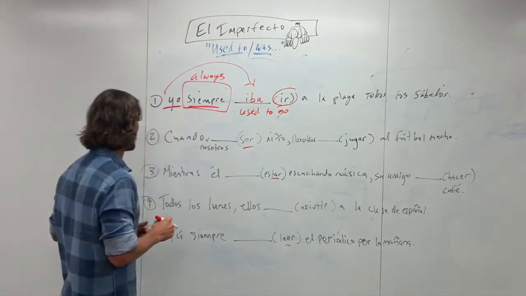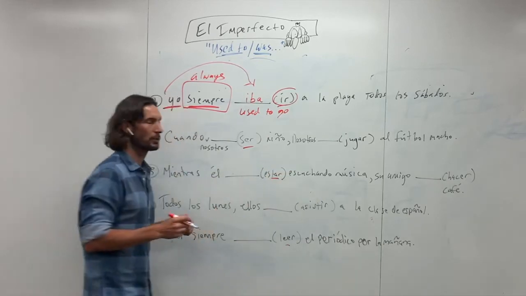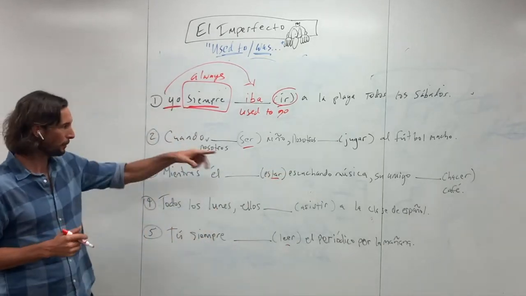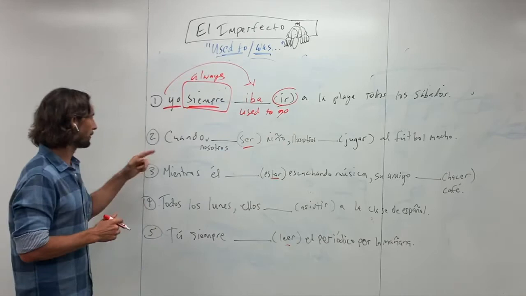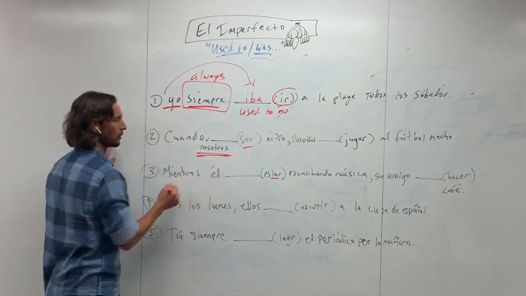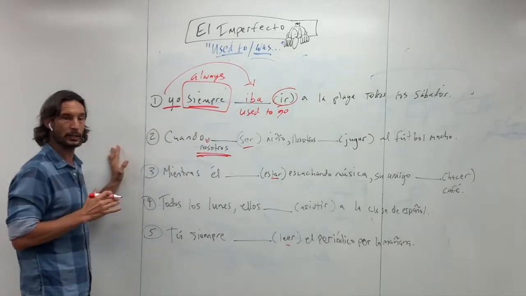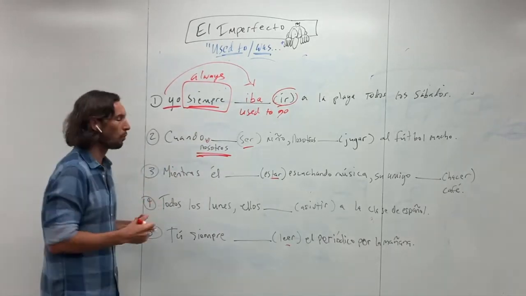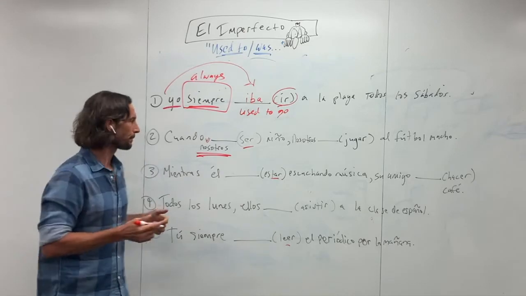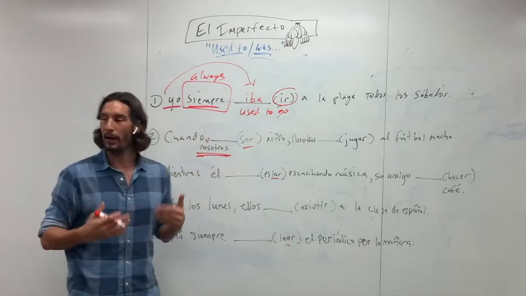All right, let's move on to number two. We got two blanks here, just for some little bonus. And so we have cuando, and then I put the subject here, nosotros. I want to make sure it fit in the camera. So cuando, when, and this is talking about when I was a child.